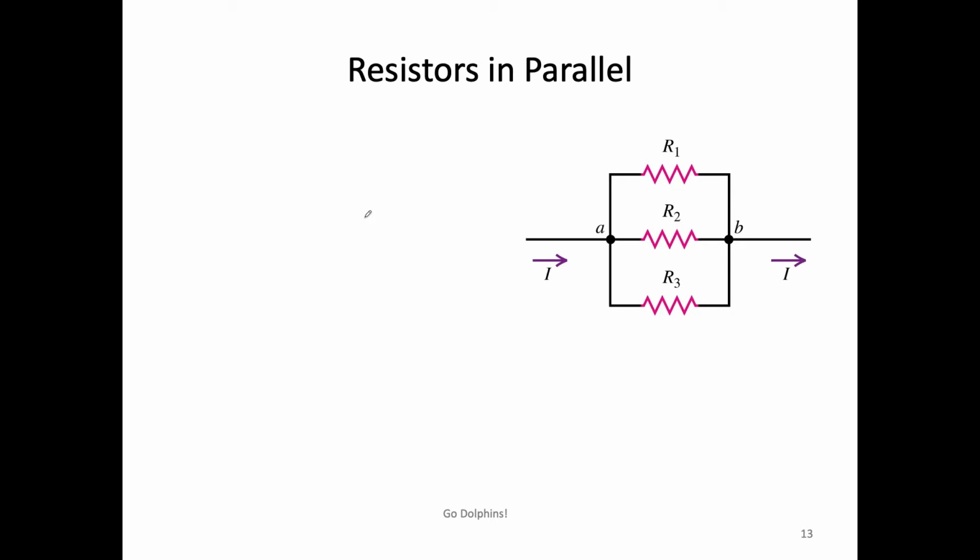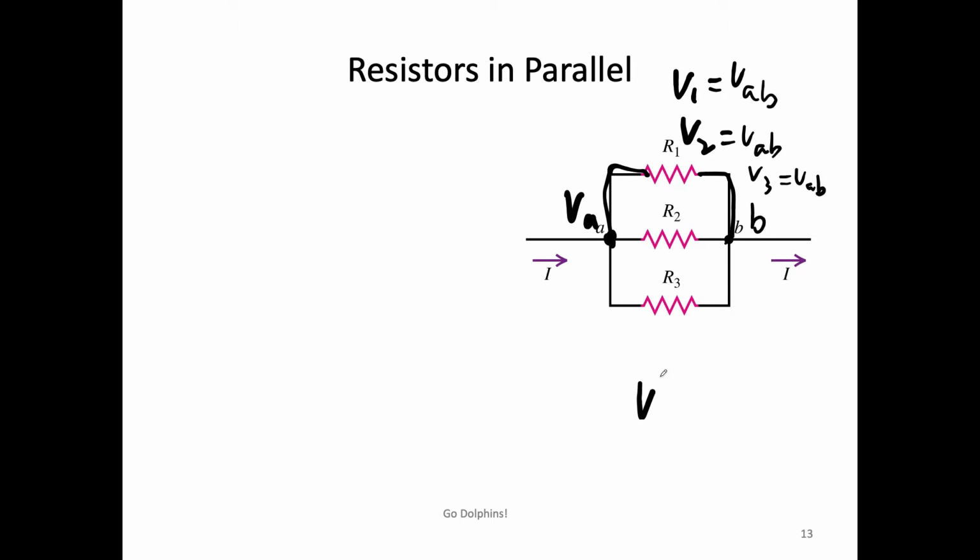What's the potential on this? This is VA, this is VB, and we use the wiring rule. We find V1 is VB, V2 is VB, V3 is VB. So let's call V1 equals V2 equals V3 equals V. So in a parallel connection, the potential difference over each circuit element is the same.